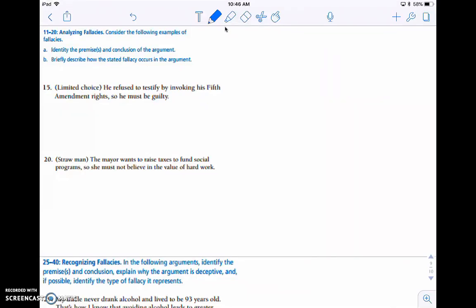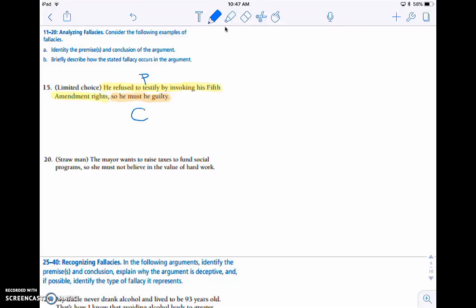When we look at this, the premise, I'll just write P for premise there, is he refused to testify by invoking his Fifth Amendment rights. So that's the premise of the argument.